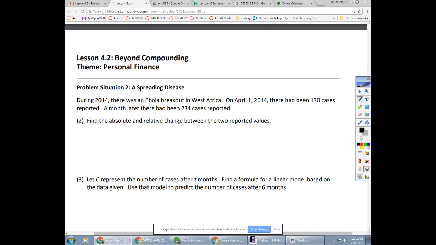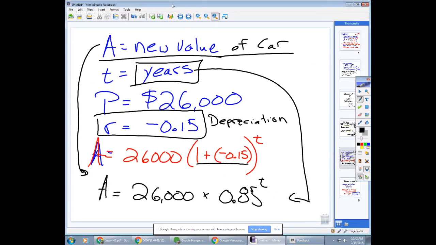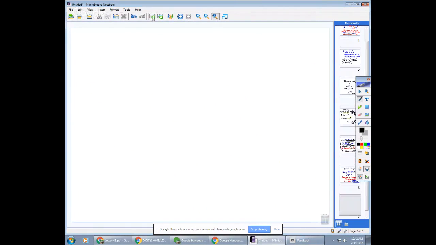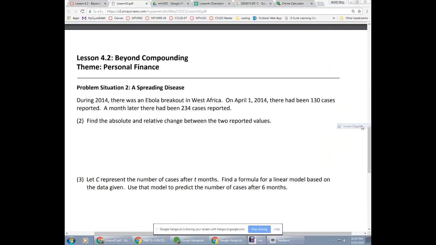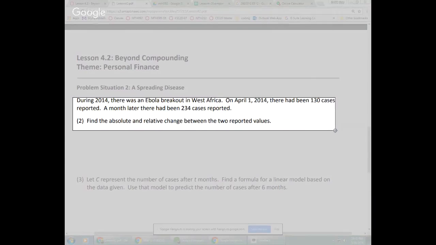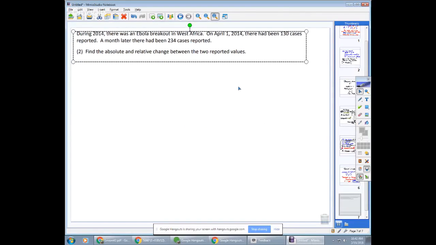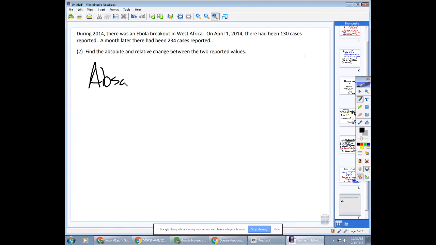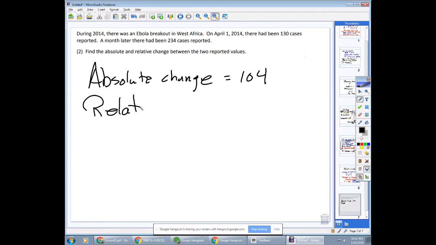So if the absolute change is 104 cases, what's the percent change in that first month? That's another word for relative change.